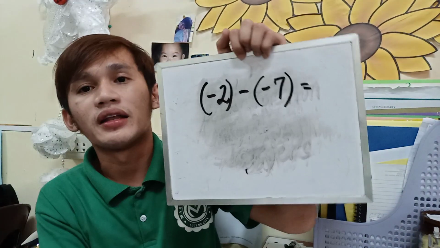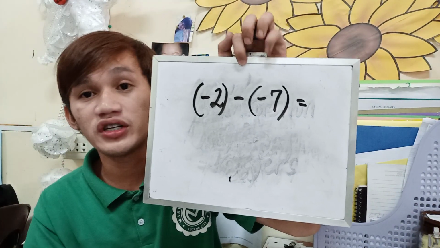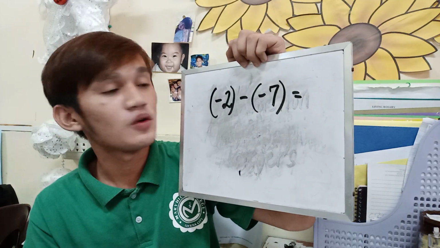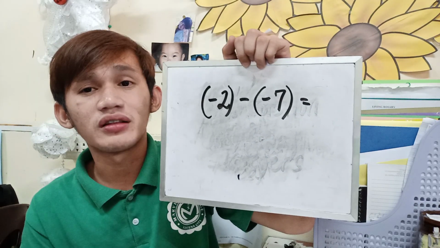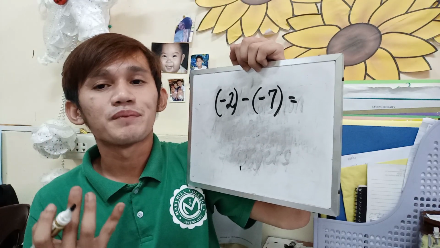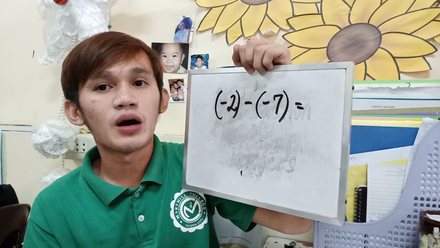How about if we have two negative numbers? Negative 2 minus negative 7. So we have two negative integers that are being subtracted. You are still going to apply the definition wherein you add the minuend to the opposite of your subtrahend.